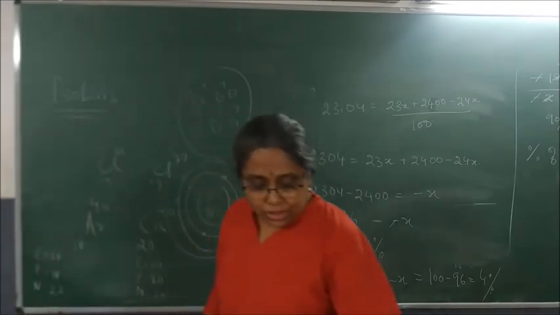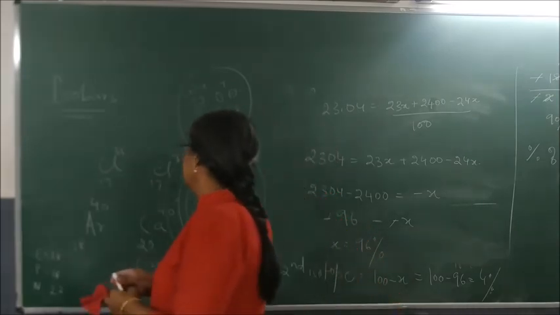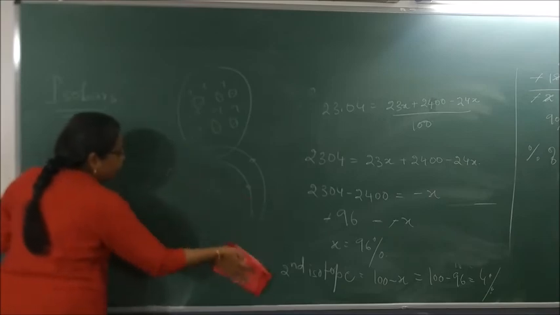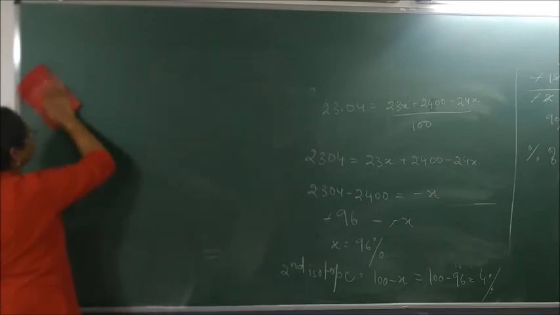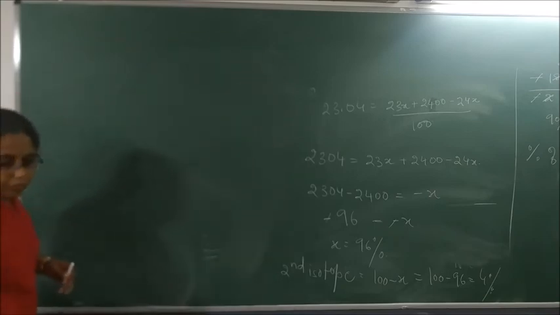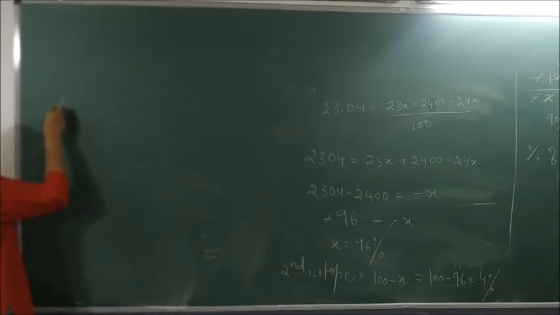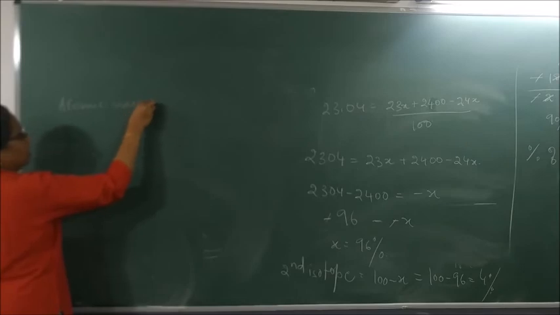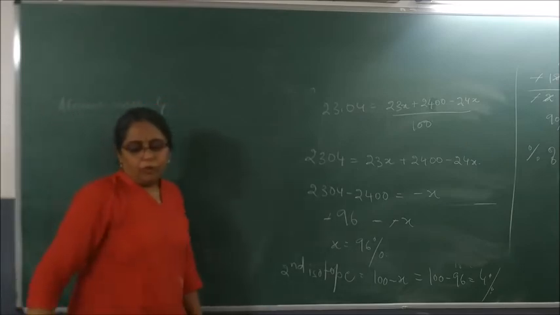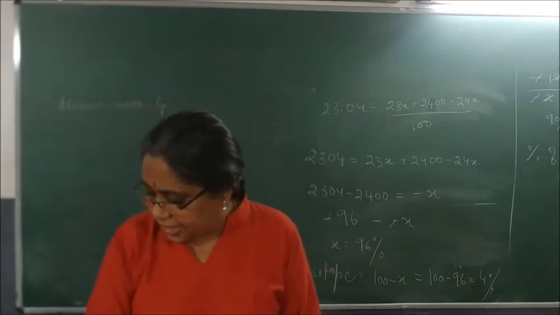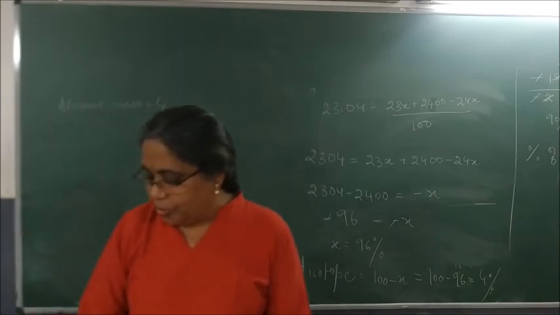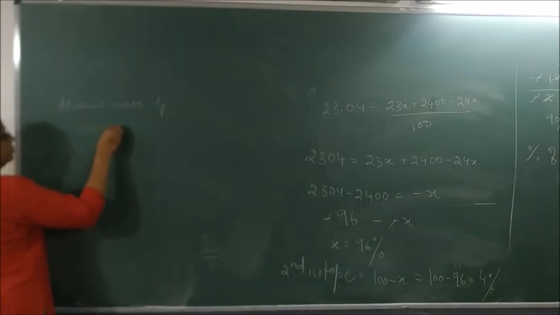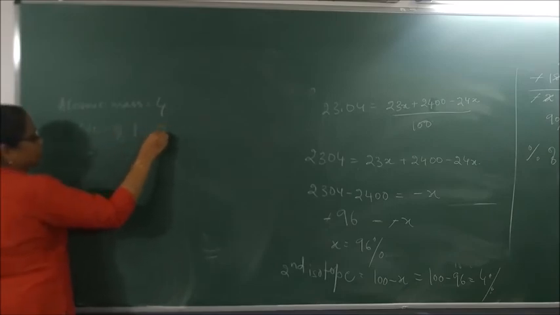Let us do this part. Helium atom has an atomic mass 4. So we will write first, atomic mass is 4. What else does it tell? It tells that it has 2 protons in the nucleus. So number of protons is 2.